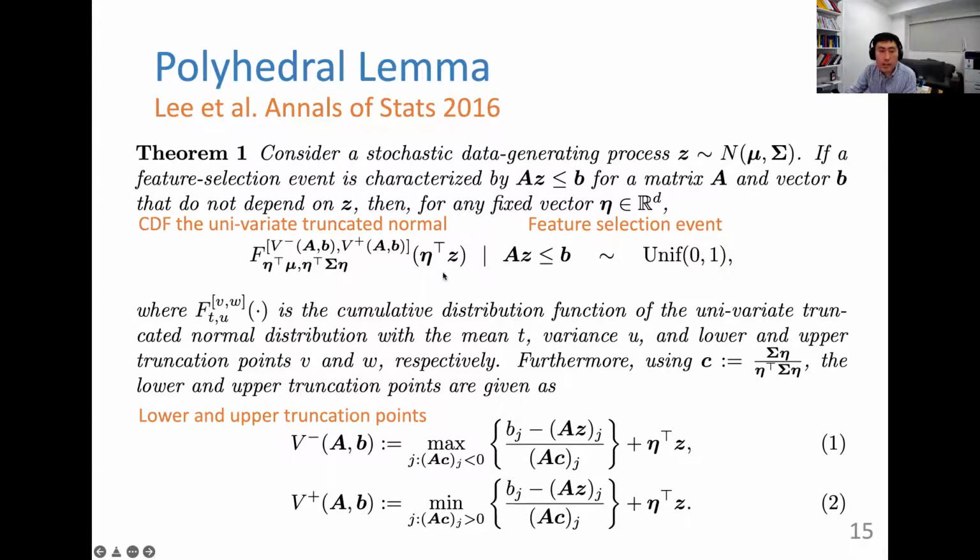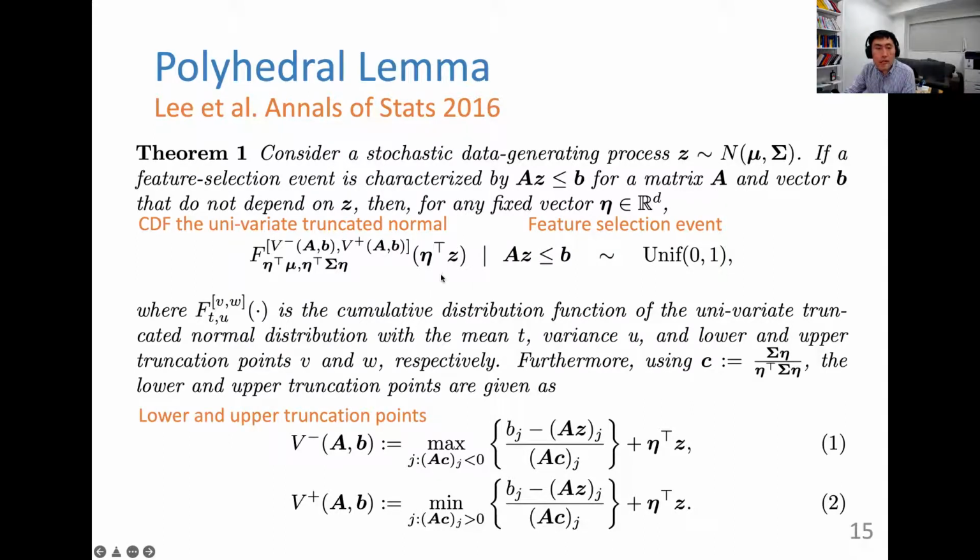This one is what we want to test, under the feature selection event. Therefore, one minus this cumulative distribution is the p-value, which follows the uniform distribution. So based on this, we can do hypothesis testing under this condition.